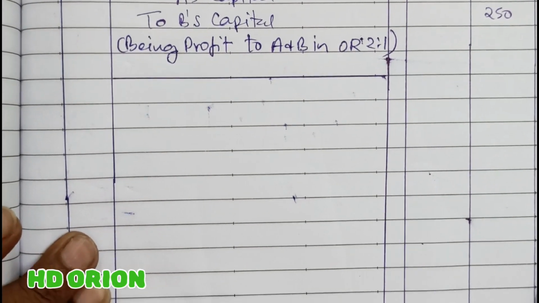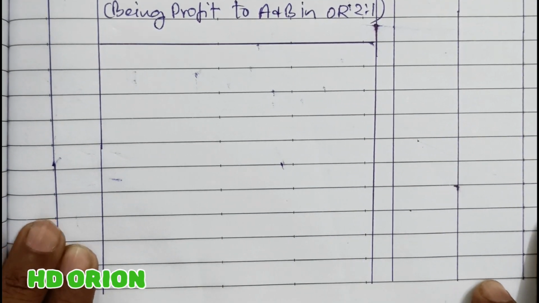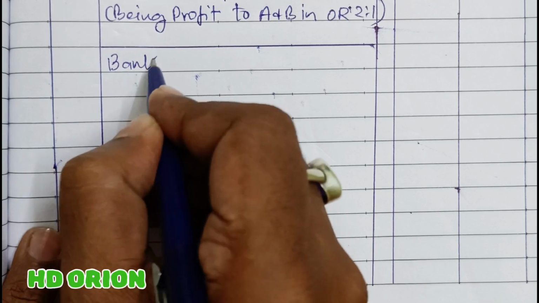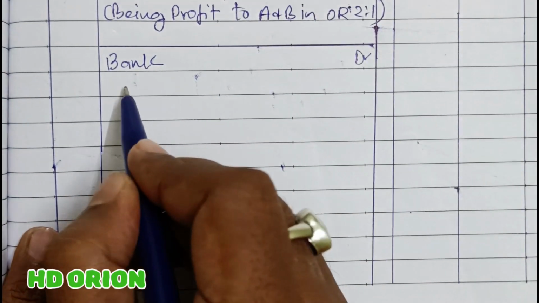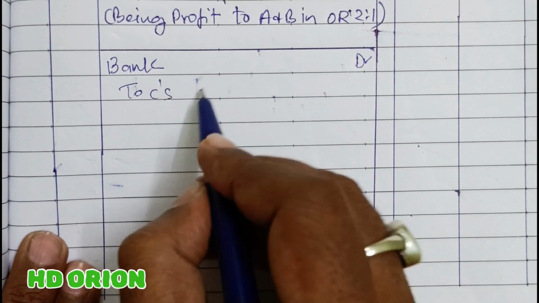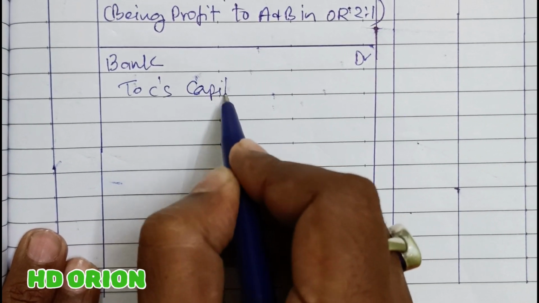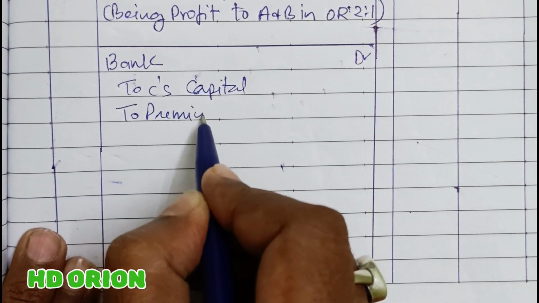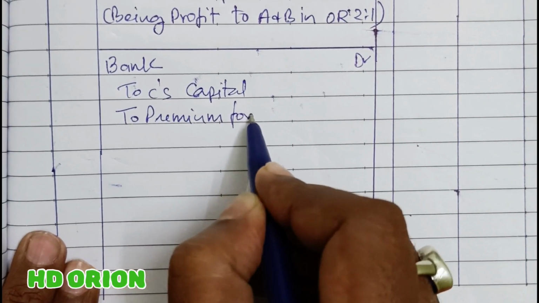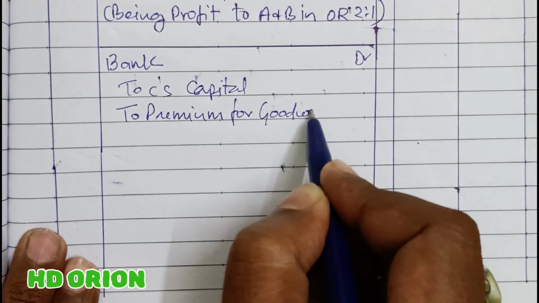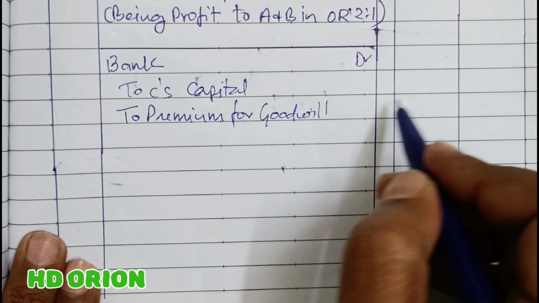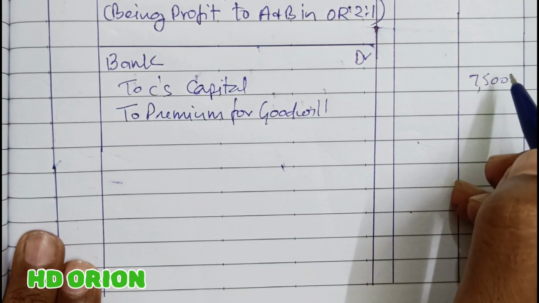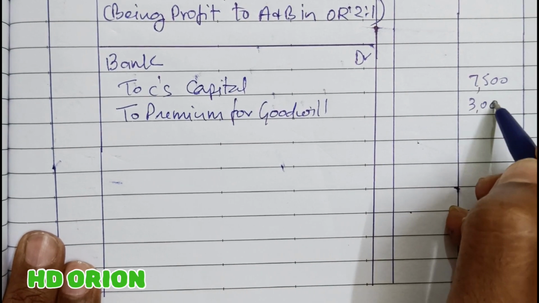Now let us make journal entries for admission of a partner, that is C. C is bringing his portion of capital and goodwill. So bank account debited to C's capital account and to premium for goodwill. 7,500 is the capital brought by C and rupees 3,000 is the premium.